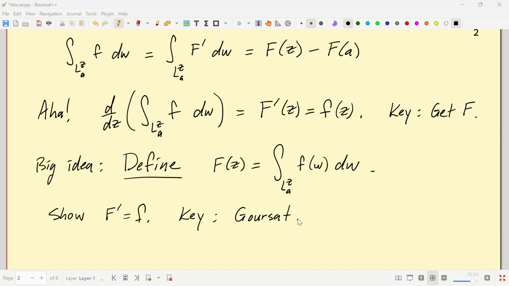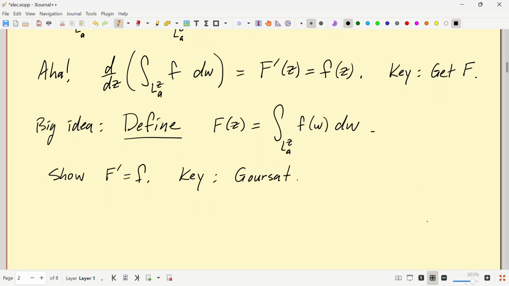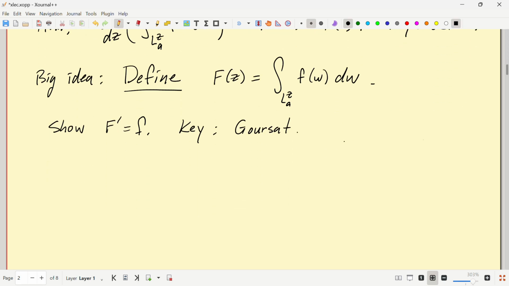Okay, so let's draw a picture here. Here's a. Let's call this point z naught. Let's call this point z. So this is going to be L from a to z naught.